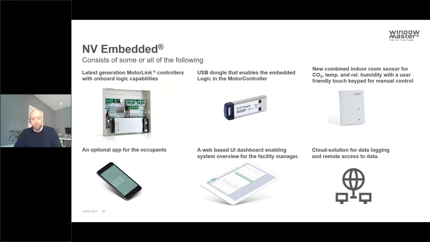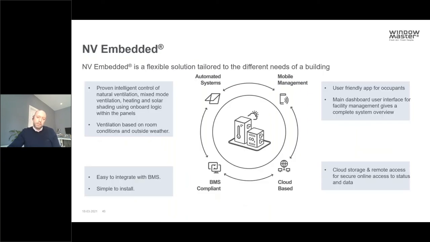And we have an optional app for occupants, depending on the type of building. That's quite a nice little feature. And as I mentioned before, web-based dashboard and cloud data logging and remote access. It's a really nice, flexible solution.